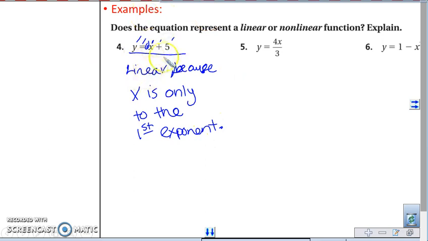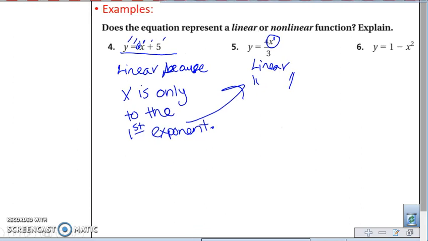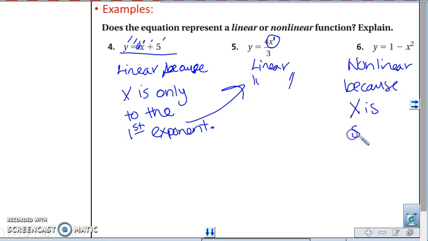And don't worry, I'll go over this when we get to number 6, what I'm talking about in exponents. This one, linear. Because this x right here only has that exponent of 1 that we don't write because x only has that first exponent. 6, nonlinear, because x is squared.